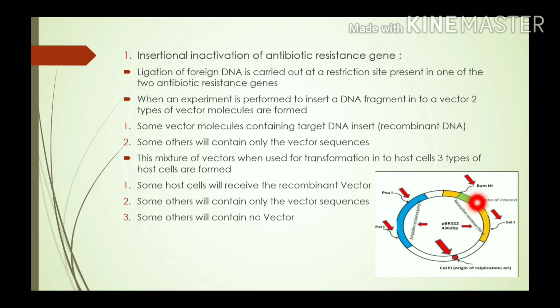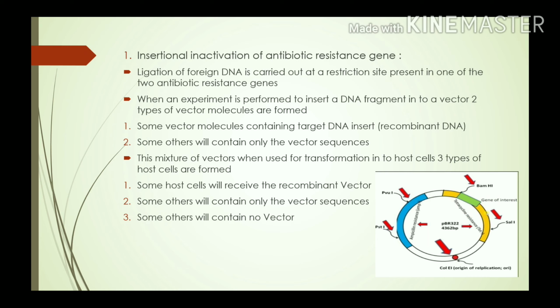So here we can see there are two antibiotic resistance genes in a plasmid. One is ampicillin resistance and one is tetracycline resistance. So we are adding a foreign gene, nothing but a target DNA, to this tetracycline resistance gene. This green color is nothing but the target DNA, our gene of interest.